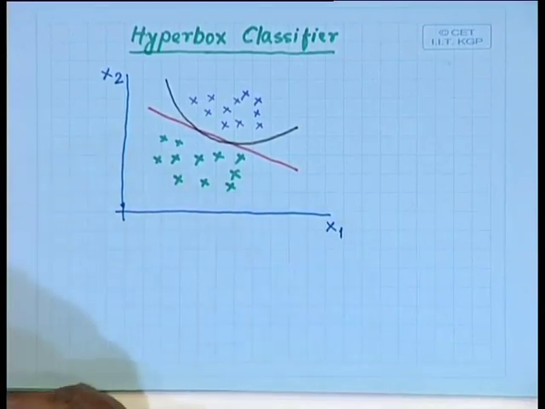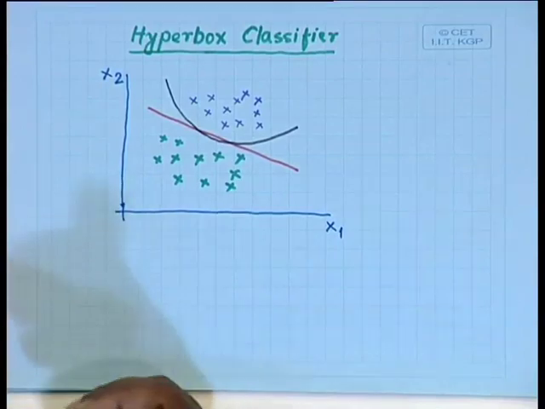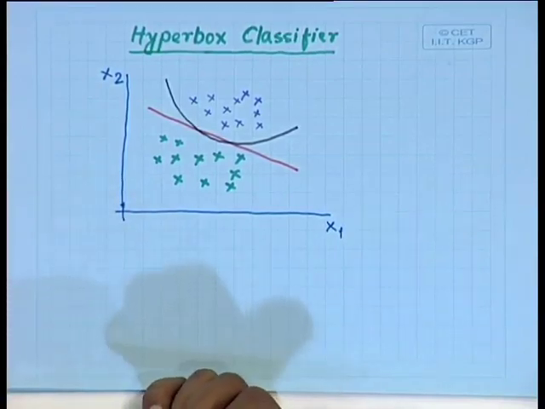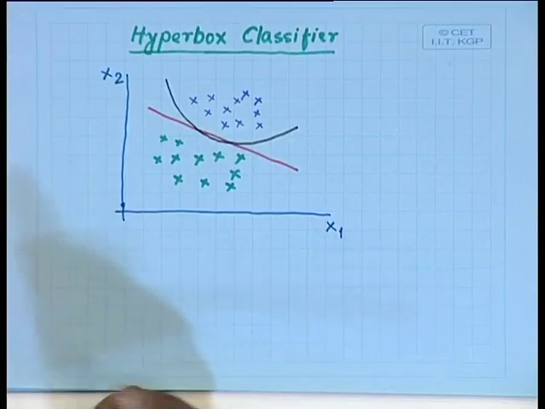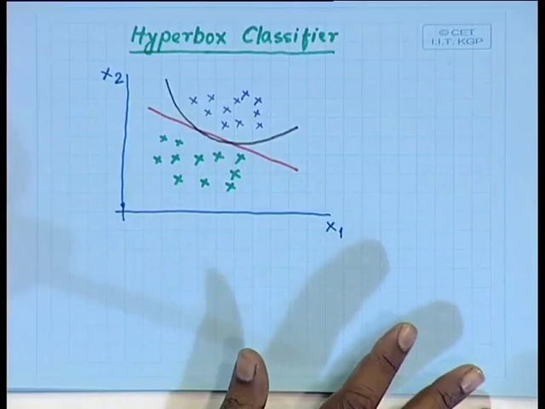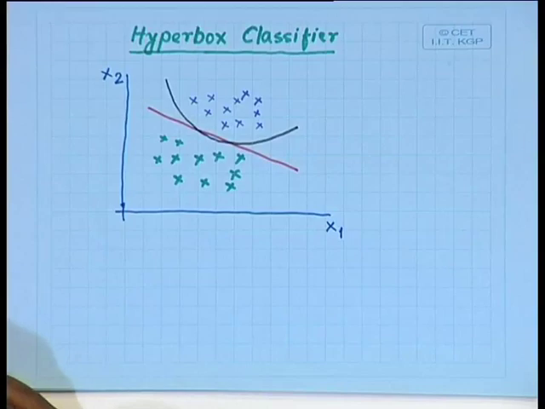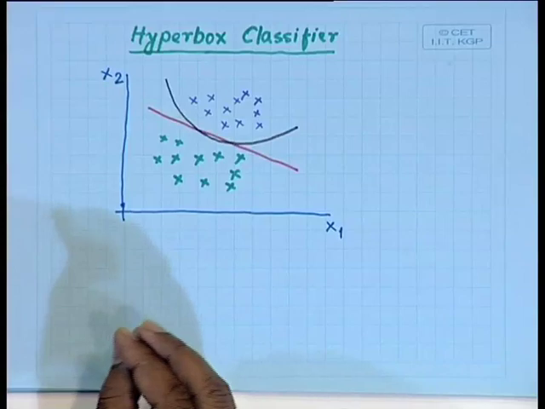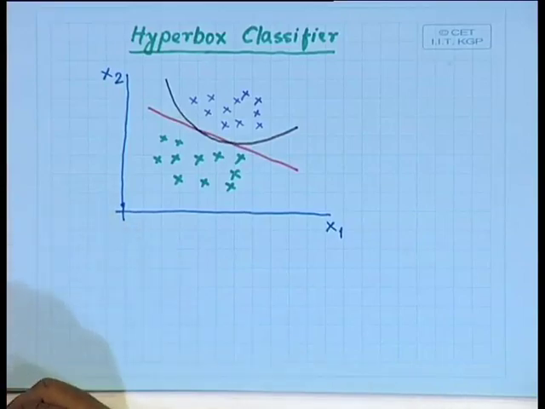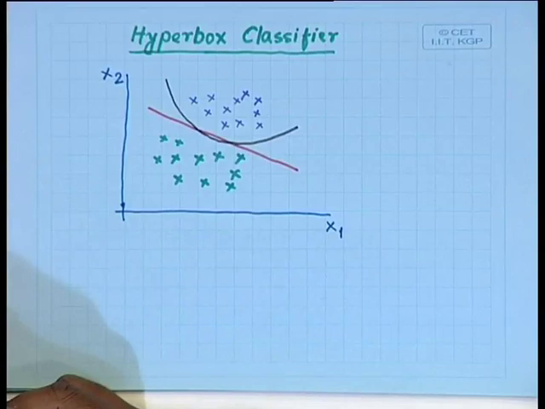Accordingly, we have talked about different types of classifiers, starting from our Bayes classifier, whether it is the Bayes minimum risk classifier or the Bayes minimum error classifier and so on. We have seen that when all the classes have the same covariance matrix, and at the same time the different feature components are statistically independent, then we can have a linear boundary separating the two classes omega 1 and omega 2.